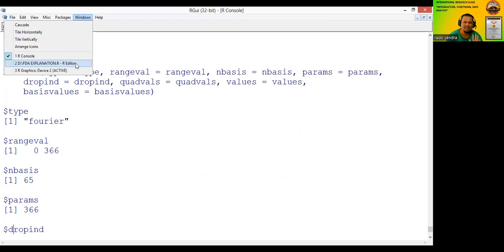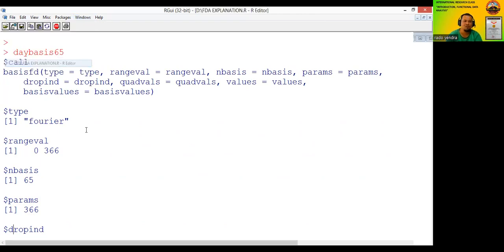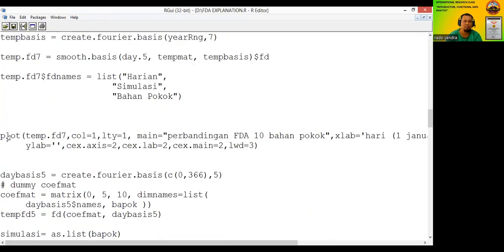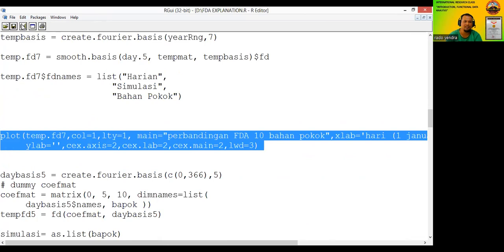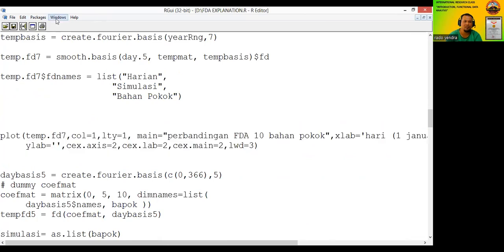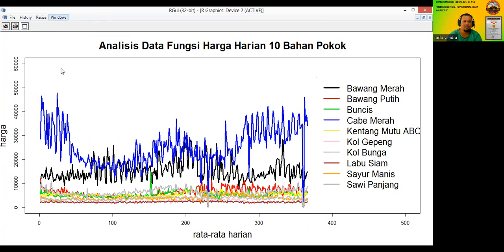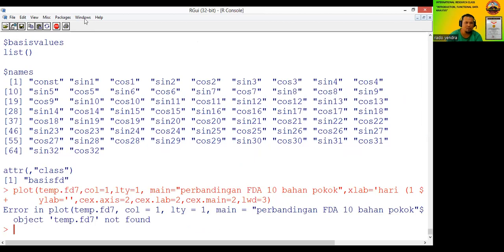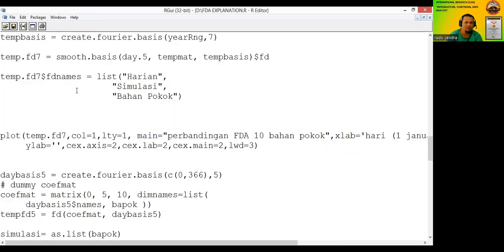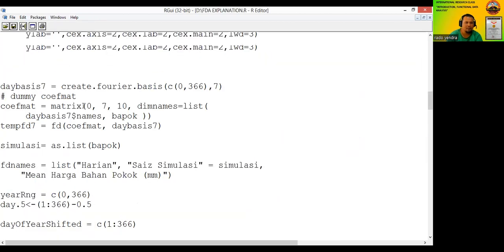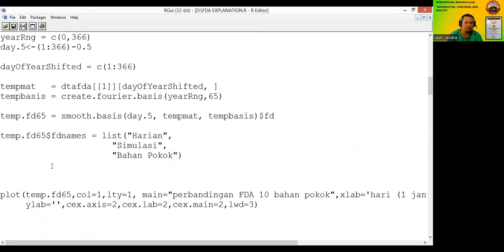After we run day basis 65, we can check the 10 smooth graphs using our programming plot. We have a problem with the windows graphic, but okay, we plot.